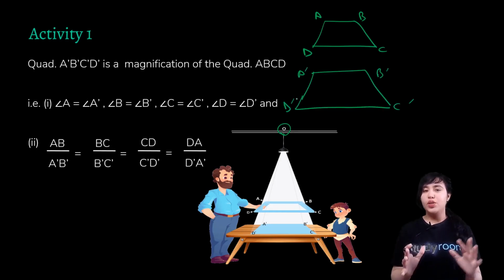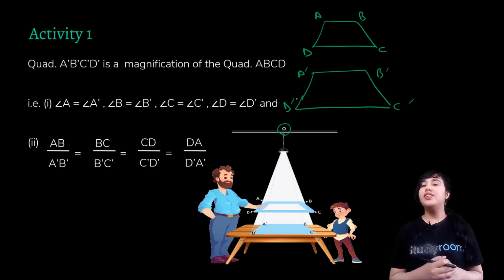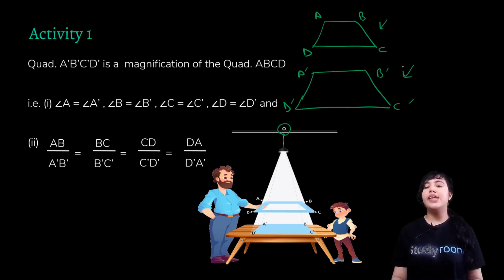Now, I won't go into physics explaining the properties of light, but you can observe for yourself that the shadow would have the exact same shape as your cardboard piece, but the size may not be the same. In fact, there are chances that you'll get a magnified version for the shadow. So this quadrilateral A dash, B dash, C dash, D dash is expected to be a magnification of the quadrilateral A, B, C, D.